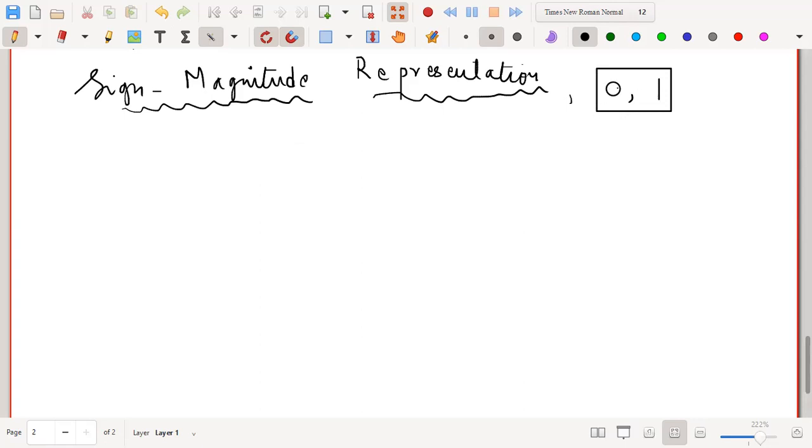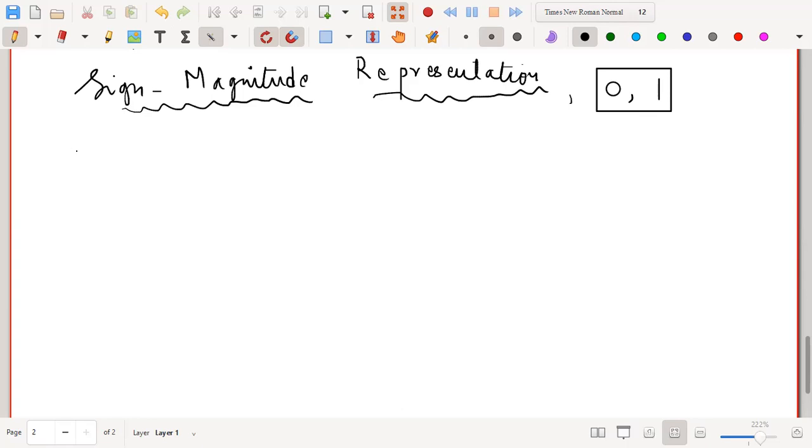We also have to use these same symbols to indicate the sign of the number. The particular number which we may be talking about may be a positive number or a negative number. So since the digital circuits can understand only 0 and 1, you need the same digits 0 or 1 to also represent the sign of the number.